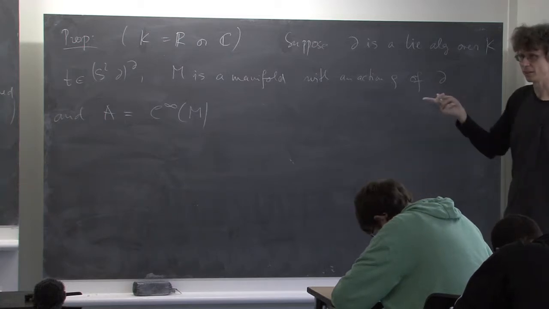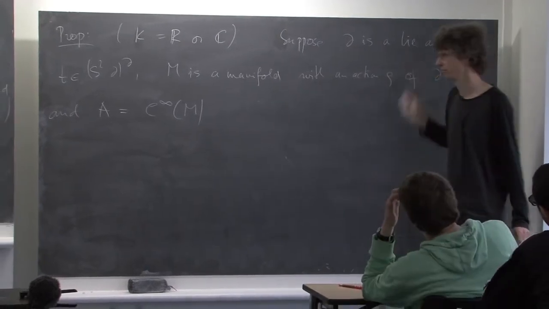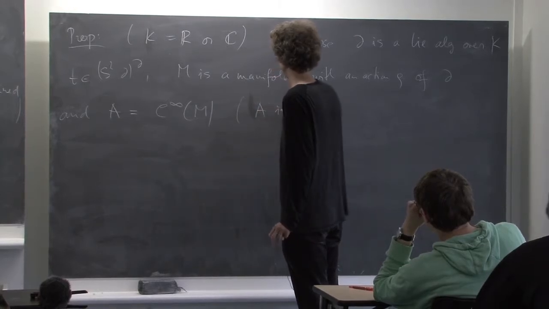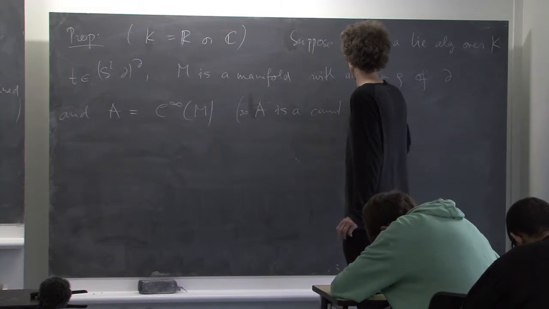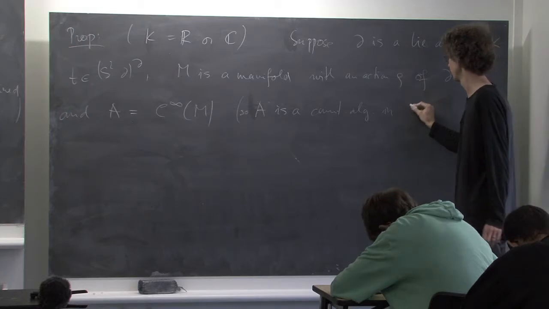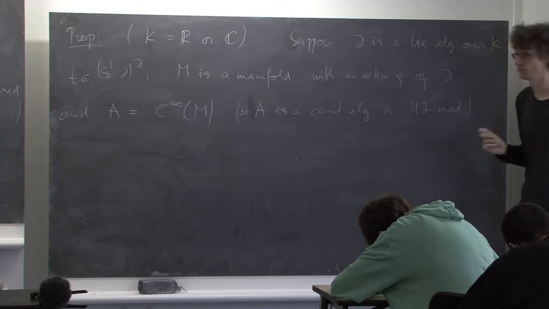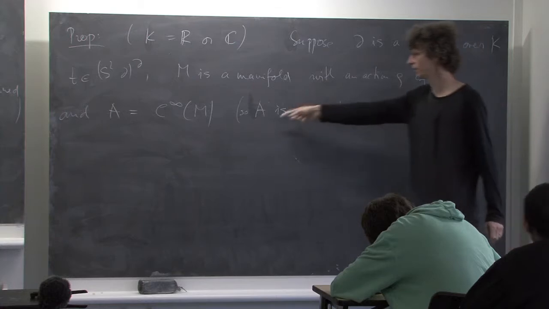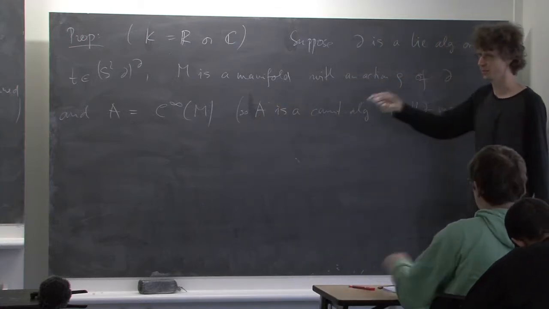So certainly A is a commutative algebra in the category of representations of D, in U(D)-mod. Yes, it is an algebra in that category, exactly because our D acts on A by derivations.